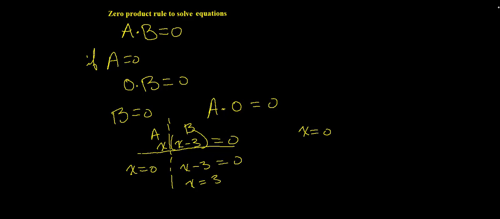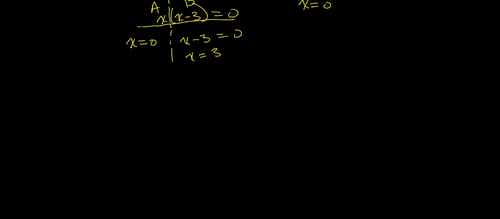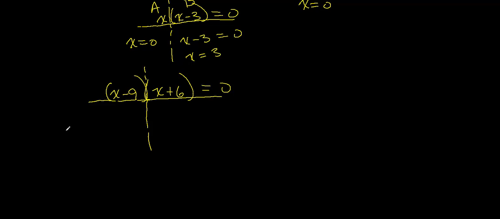Now, let's take another example. Something similar, but let's expand it to two binomials like x minus 9 times x plus 6 equals 0. Again, we break it up into two parts, a little chart like this. This is our a, this is our b, and of course if a equals 0, then 0 times b will be 0.